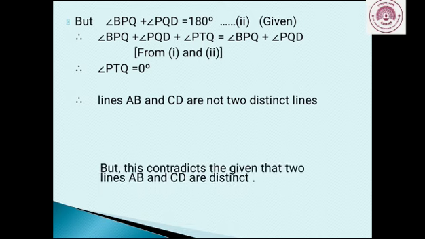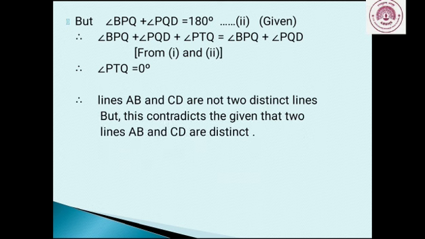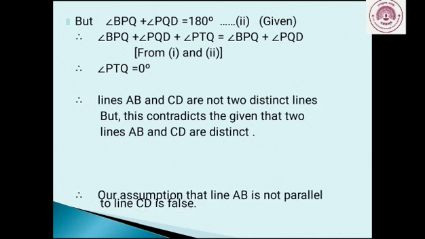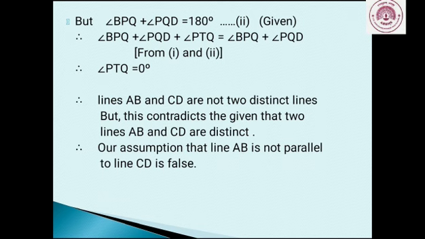But this contradicts the given that lines AB and CD are distinct, and therefore our assumption that line AB is not parallel to line CD is false. Therefore, line AB is parallel to line CD. Hence, the theorem is proved.